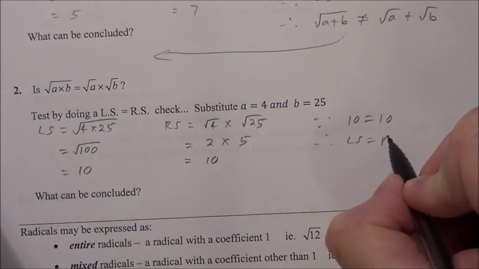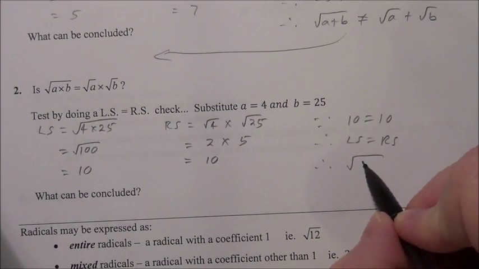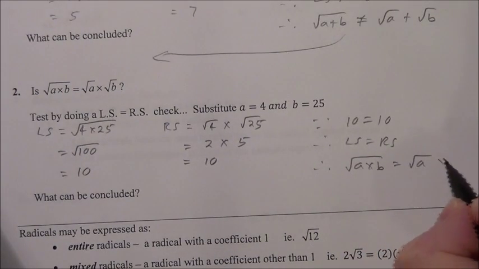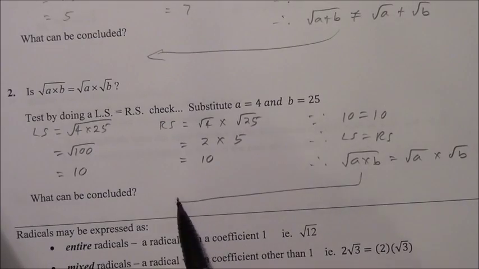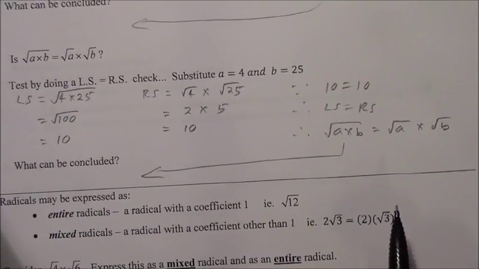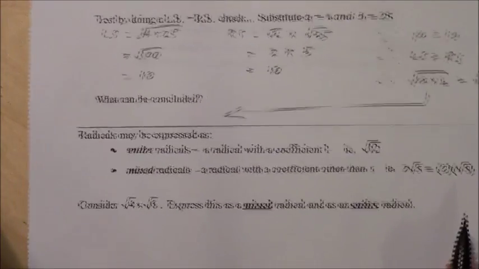Therefore, left side equals right side. Therefore, the square root of a product is equal to the product of the square roots. That's something we're going to need to pay attention to in the next little while.